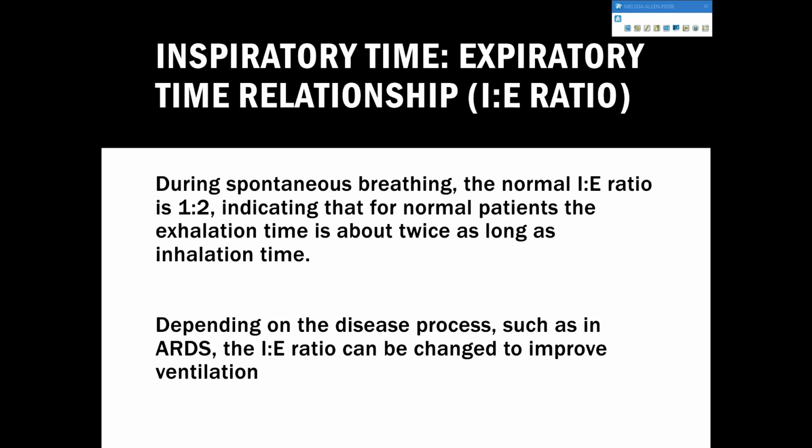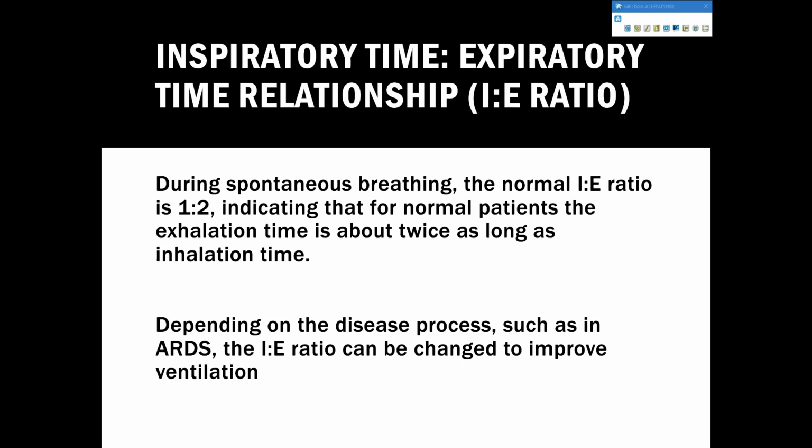Now, there are patients that we need to have longer IE ratios. I'm going to let you pause here so you can shout out the answers or have the answer in your mind. But what disease processes need a longer expiratory time? Don't look at the second part where we're talking about a shorter expiratory time. With the longer expiratory time, these are going to be our diseases of air trapping, right?